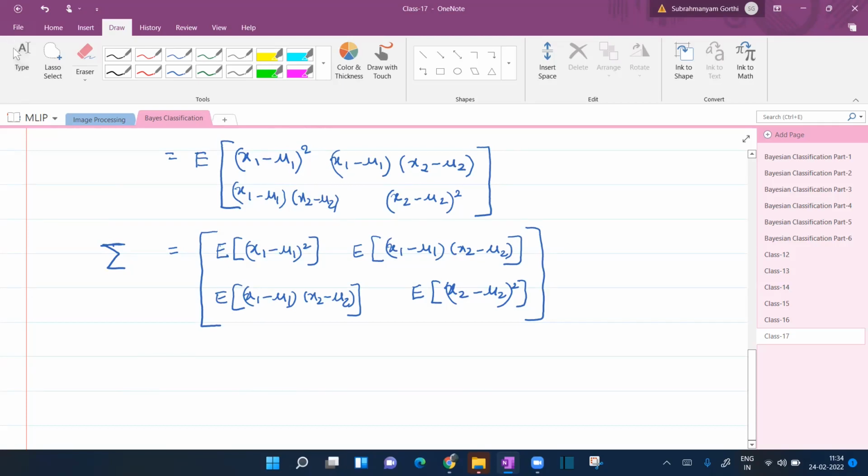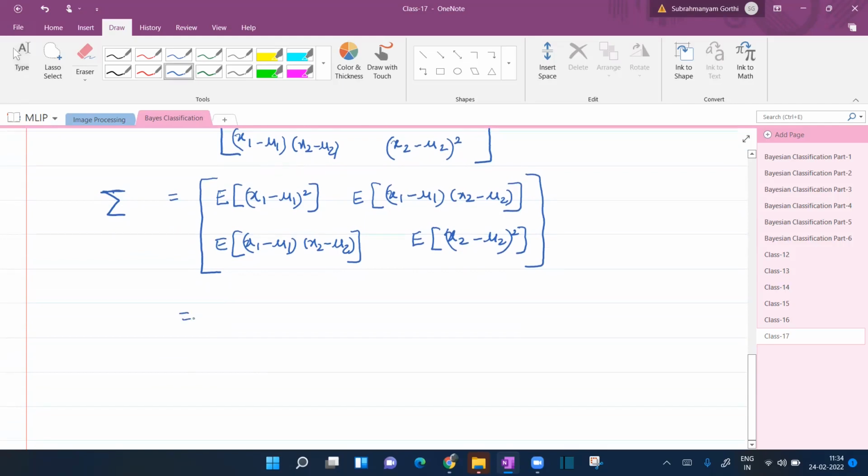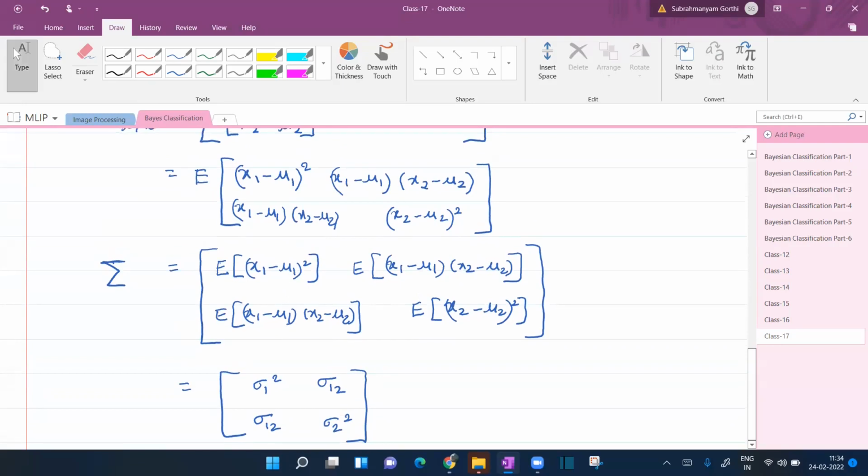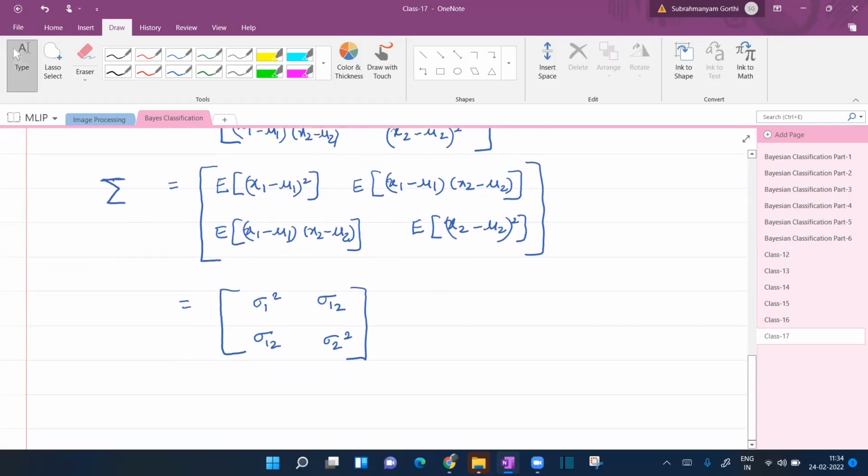So sometimes you would simply write it as sigma 1 square, and here sigma 1 2, sigma 1 2, sigma 2 square. If you are given a distribution, you should now know how to compute this covariance matrix as well. This is what has been attempted here, the formula has been given here.